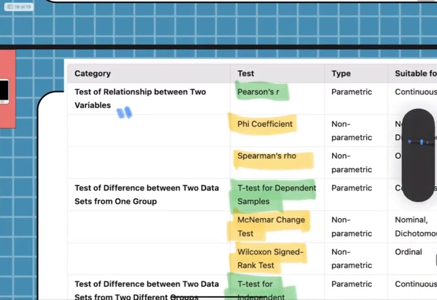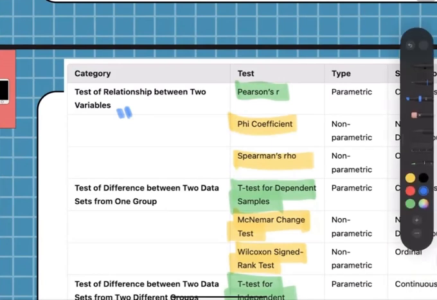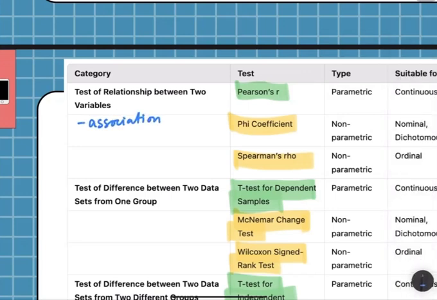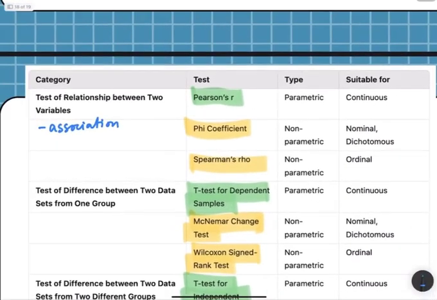Okay, between two variables. For continuous, we use Pearson R. You see there, okay? Continuous variable, Pearson R, which is a parametric test, for the strength and direction of a linear relationship.